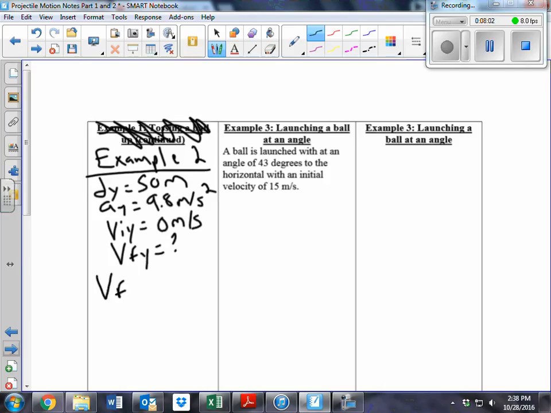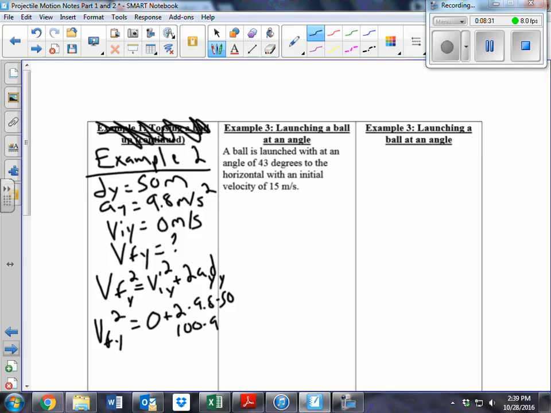So therefore, I'll use VF squared equals VI squared plus 2 times acceleration times distance, and I'm just going to solve for VF. Notice I did not put my y's. My bad. Okay, now my y's are in there, so I get VFy squared equals 0 plus 2 times 9.8 times 50. 50 times 2 is 100. So then we have 100 times 9.8, which is 980.